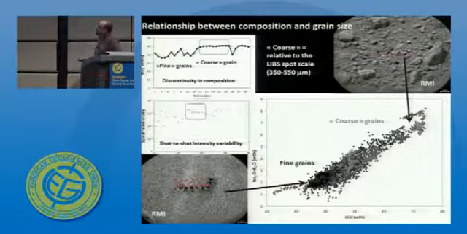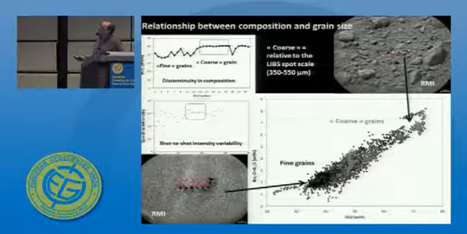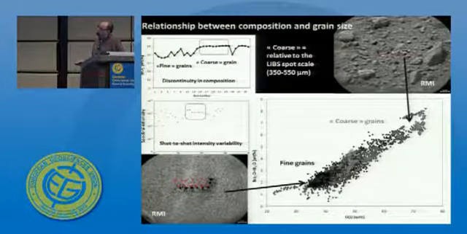So what about grain size? The laser spot is around 0.5 millimeter. What we call coarse grains are when we hit a grain larger than the laser spot, and fine grains are, on the contrary, when spots are much larger than the grain size.